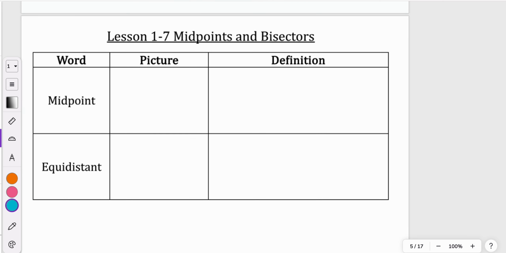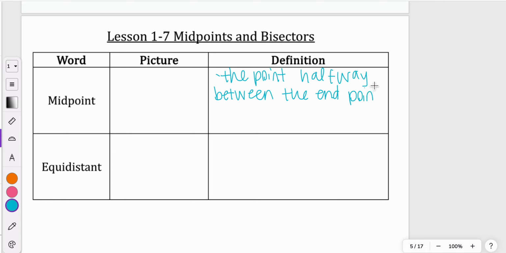First thing we want to talk about is what is a midpoint and the definition of that. So the definition I have is the point halfway between the endpoints of a segment.